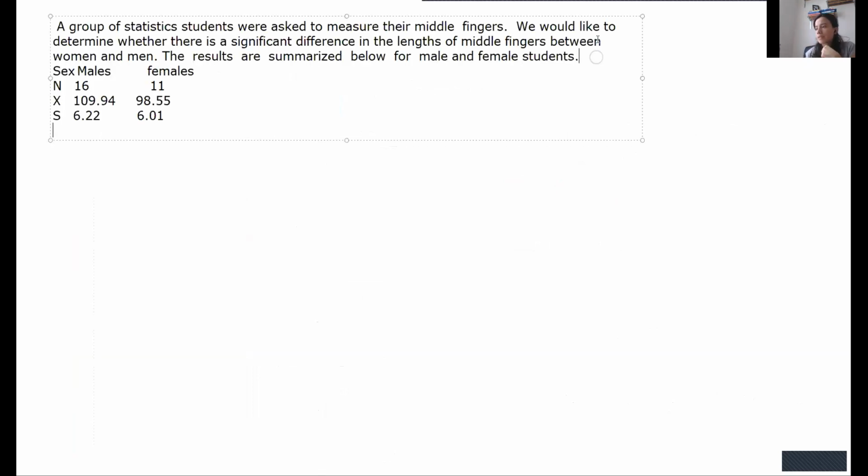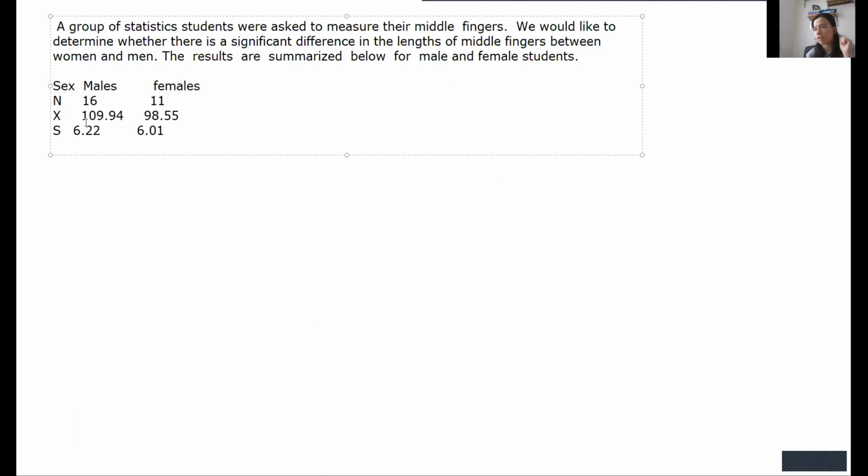That means we have that data was collected from 16 men and 11 women. From the 16 men, there was an average middle finger length of 109.94 millimeters. And for females, for the 11 females, there was an average length of 98.55 millimeters and a standard deviation of 6.01.